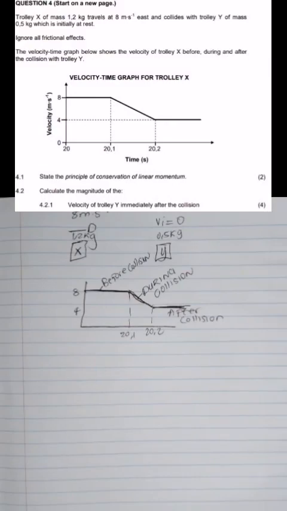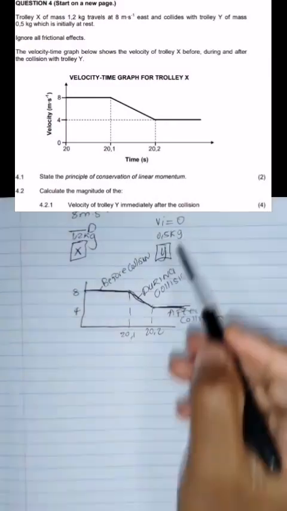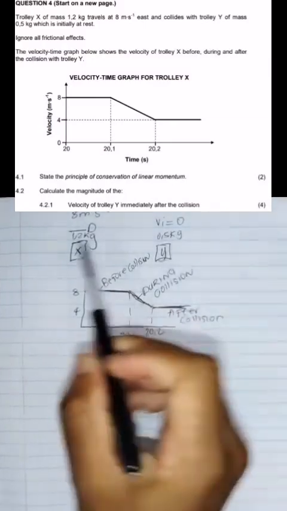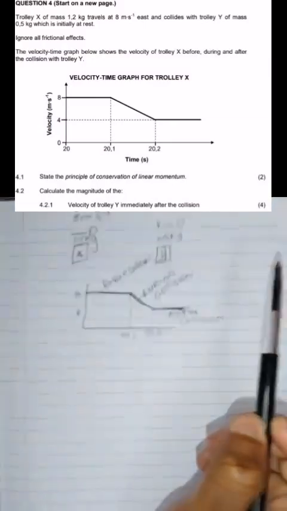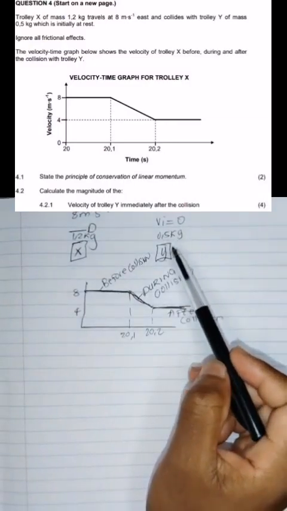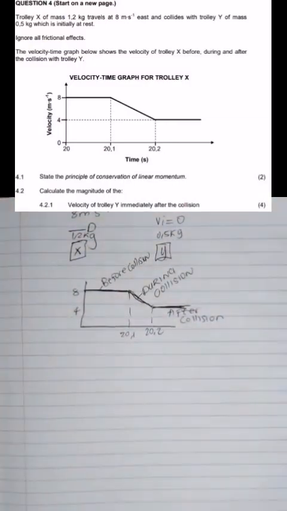So now we are looking for the velocity after collision. We have the initial velocity of block X and of block Y, but we don't have the final velocity of both blocks. Which formula are we going to use?